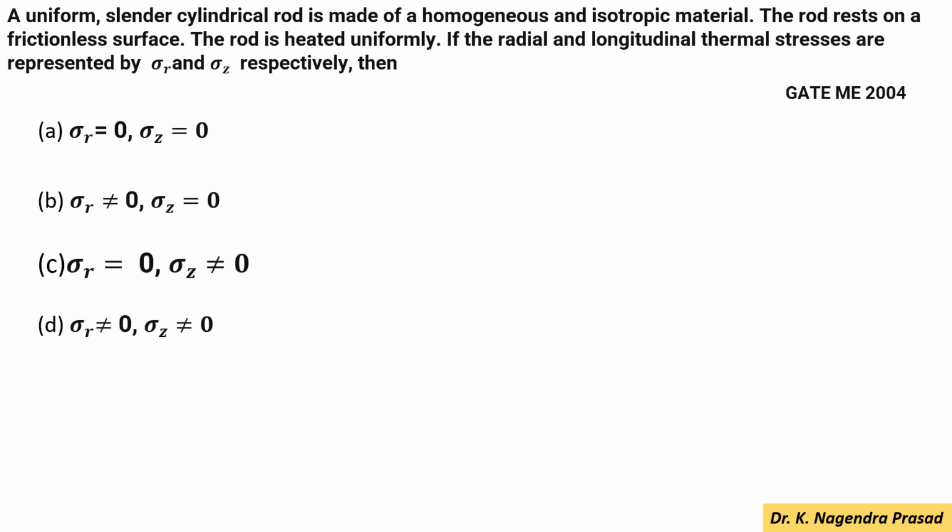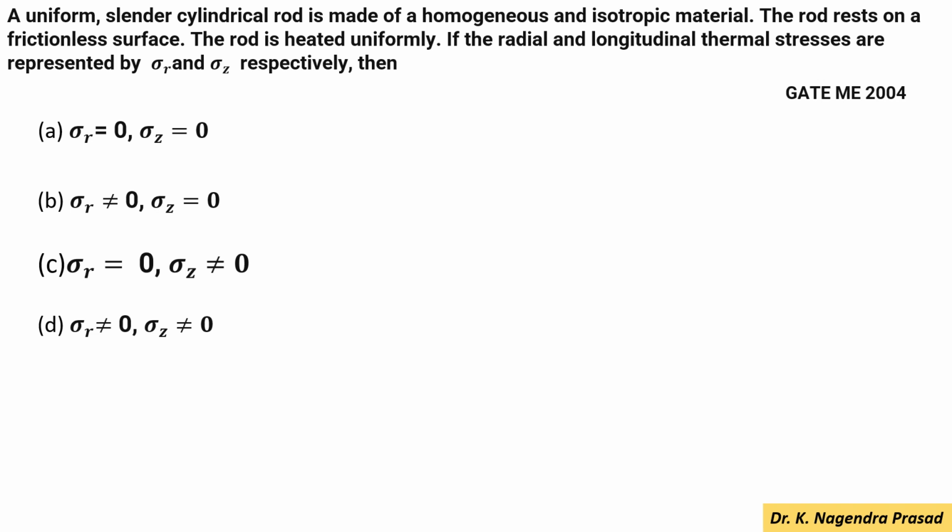If the radial and longitudinal thermal stresses are represented by sigma r and sigma z respectively, then option A, sigma r equal to 0 and sigma z equal to 0. Option B, sigma r is not equal to 0, sigma z equal to 0. Option C, sigma r equal to 0 and sigma z is not equal to 0. Option D, sigma r is not equal to 0 and sigma z is also not equal to 0.